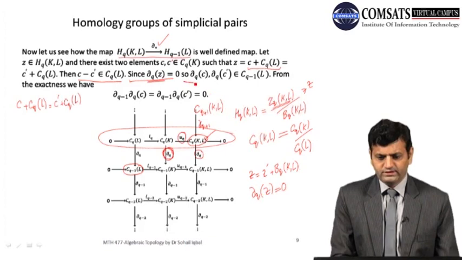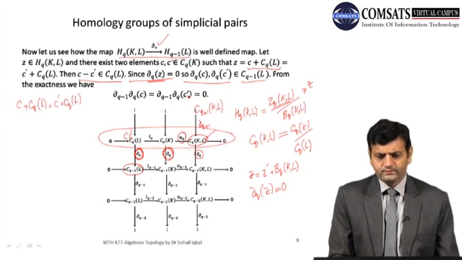And so ∂_q c and ∂_q c' belong to C_{q-1}(L). These are the boundary maps of this chain. So c and c' are elements of C_q, and we can apply these boundary maps, and of course they belong to C_{q-1}(L).